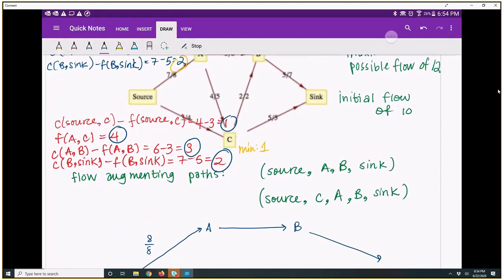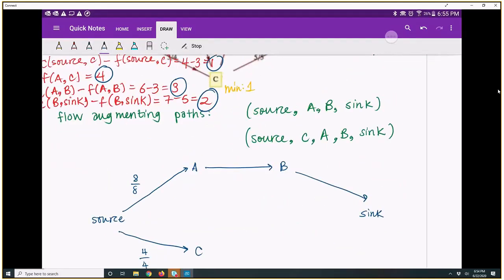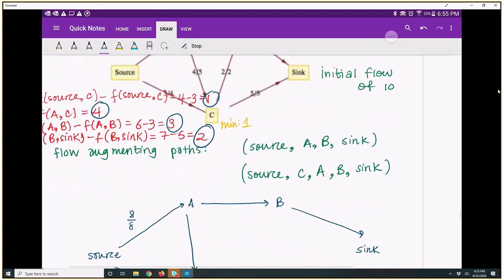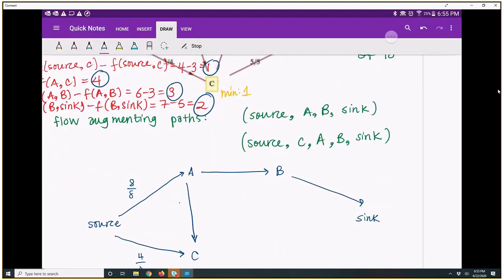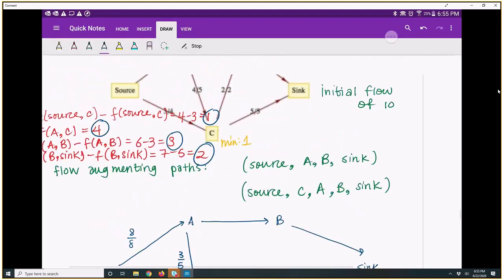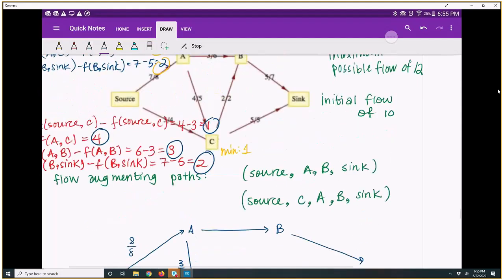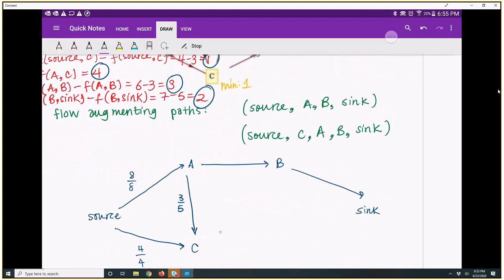Then from C to A, I was sending 4 gallons from A to C. I'm only going to send 3. So I'm going to make this 3 out of 5. So I subtracted 1 from here. Then from C to B, I didn't change anything.